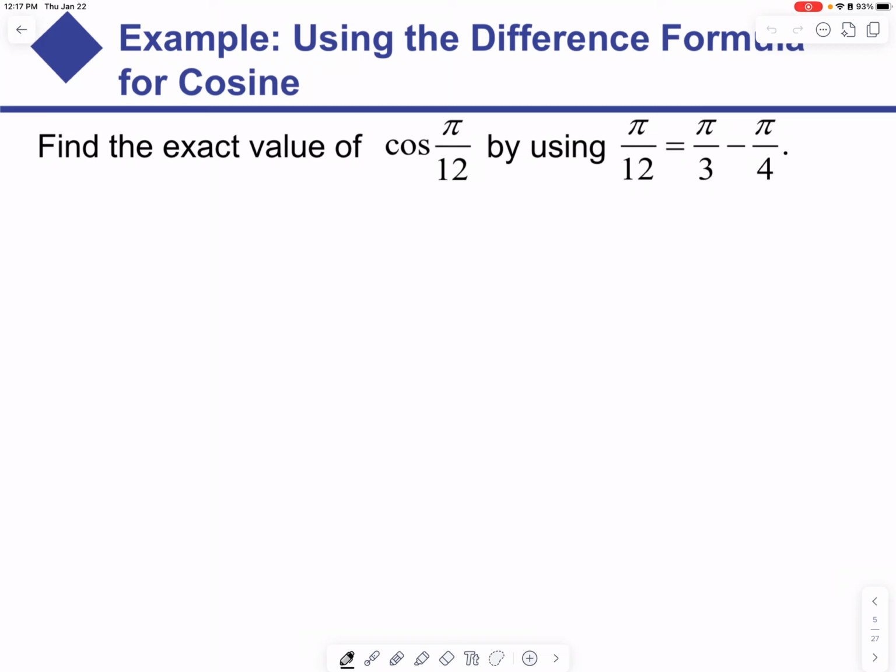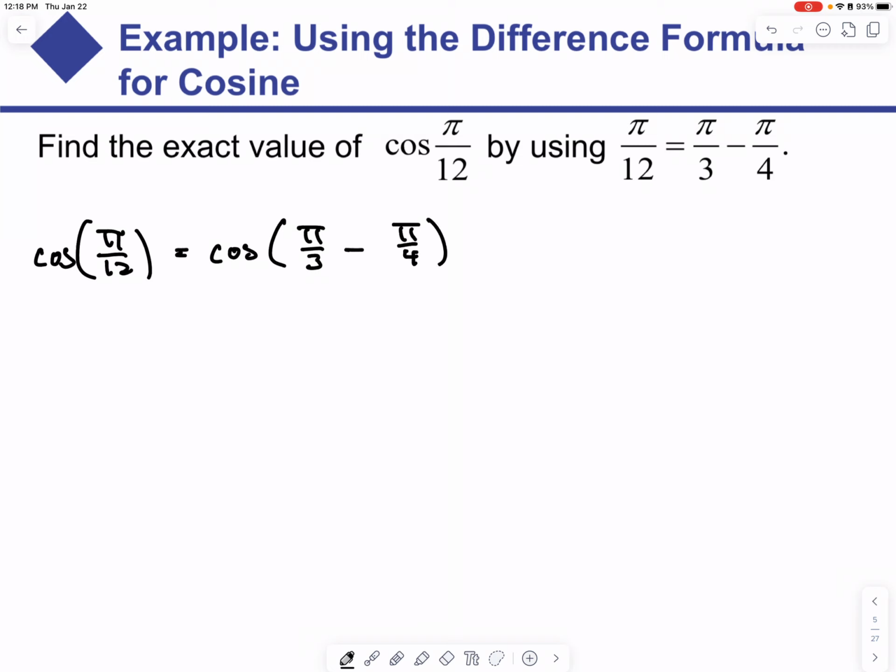Again, if we want to find the cosine of pi over 12, we're told to use the fact that pi over 12 can be rewritten as pi over 3 minus pi over 4. So there's going to be the cosine of pi over 3 minus pi over 4.